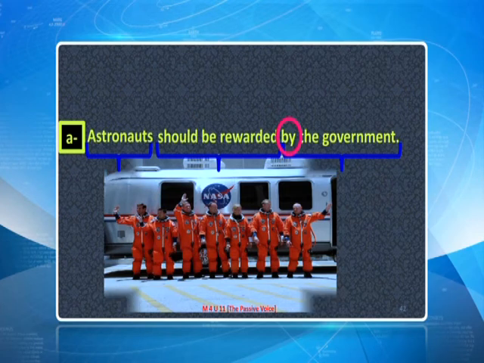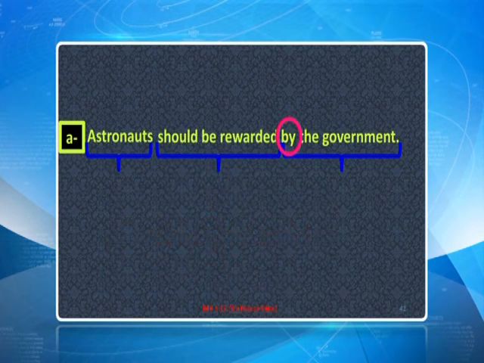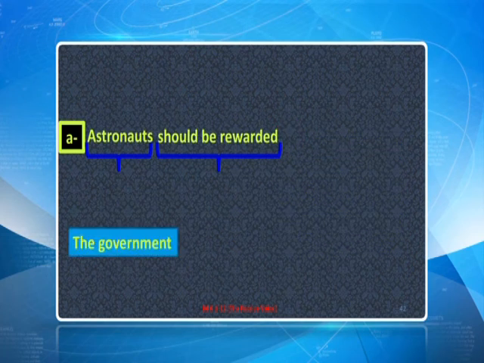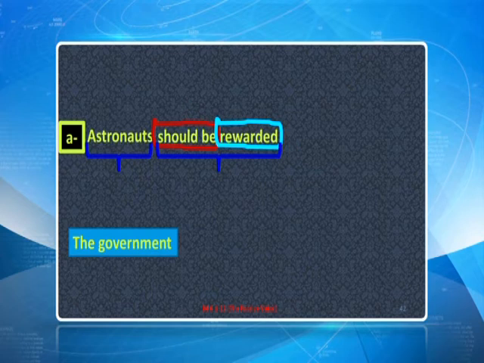So what you have to do here is to bring the original subject of the active sentence with some amendments, so the government. Then we have to focus on should be, which is a modal followed by be, and the verb, which is in the past participle. If you have a sentence like this, make sure that the past participle here is the original verb of the active sentence.